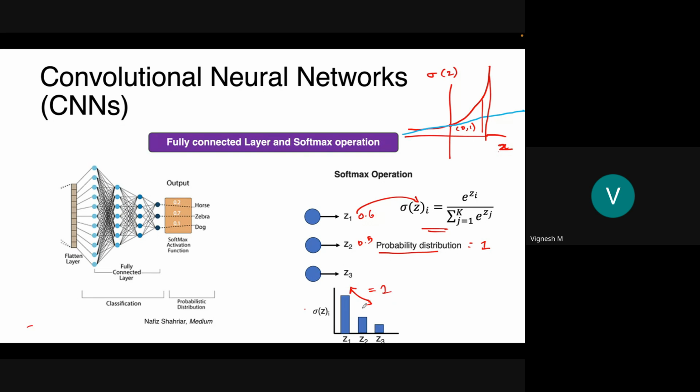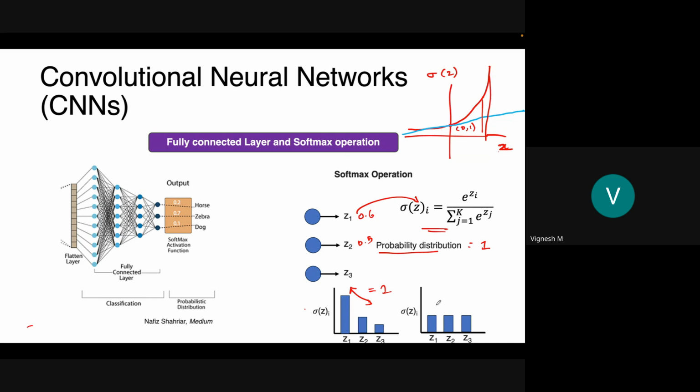And there could also be a scenario where the model does not know among these things. Like when Z1, Z2, Z3 are almost similar, then they'll have equal probabilities. And in this case, you know that the model is uncertain about the output. Or in other words, maybe the model has not trained well enough to do this task effectively, right?